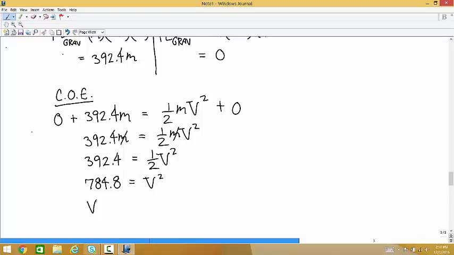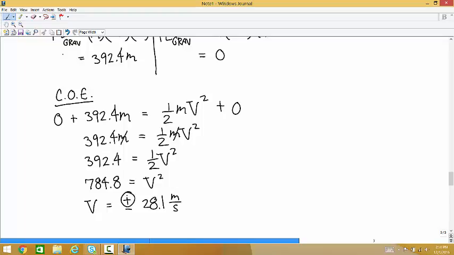Take the square root of both sides, and you get that v is equal to plus or minus 28.1 meters per second. And do we want the positive or the negative? This is a speed, not a velocity, and so we just always take the positive.